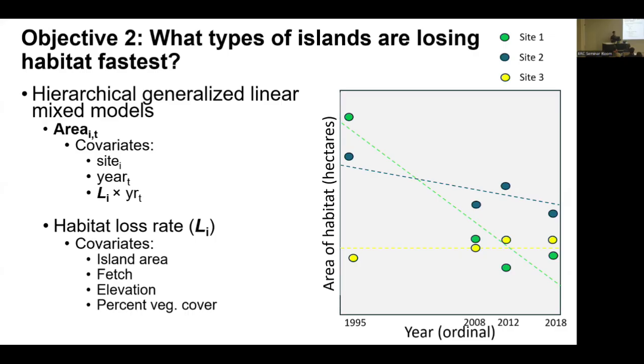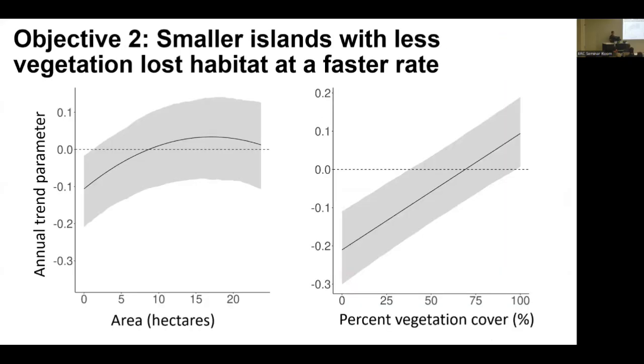We predicted that lower elevation islands would erode faster, and islands with lower percent vegetation cover would erode faster because vegetation cover can provide some wave attenuation and also stabilize sediments. And what we found was that smaller islands did erode faster.